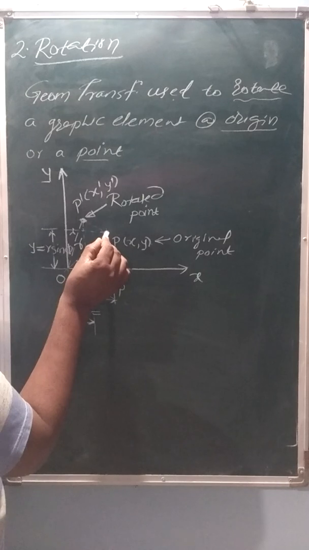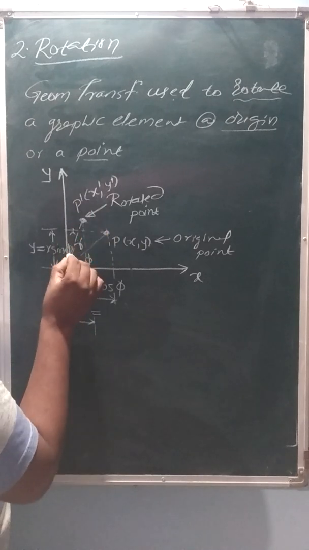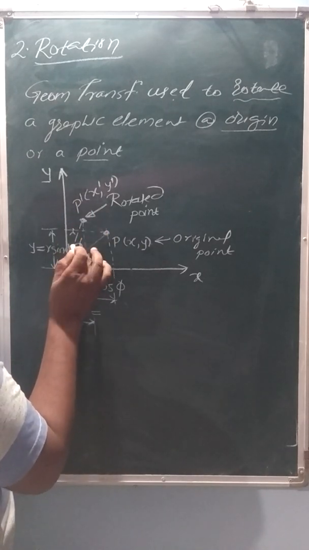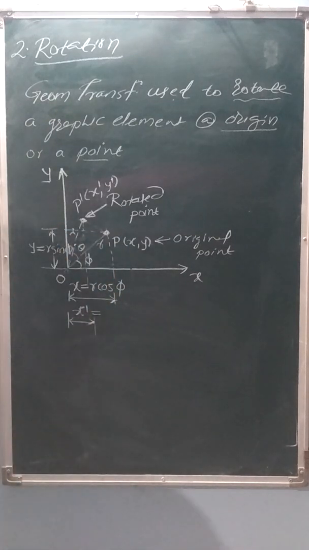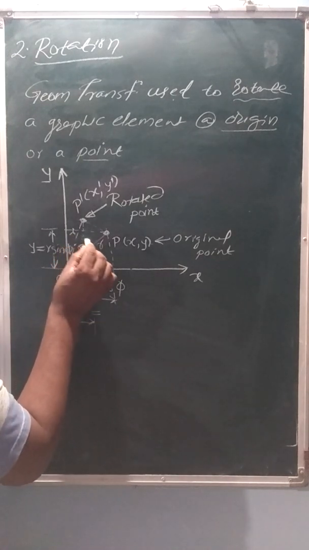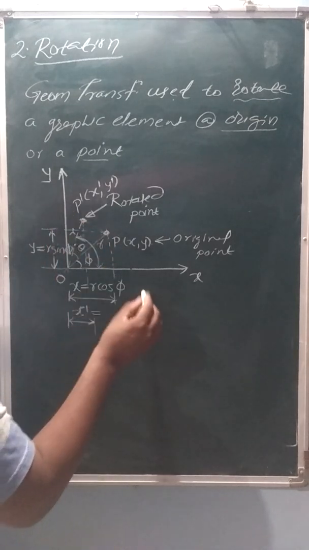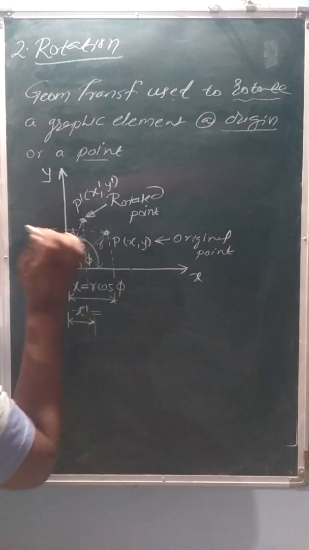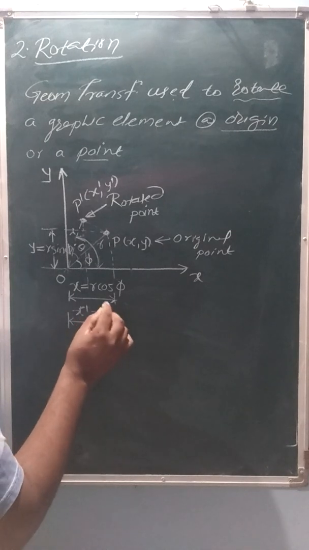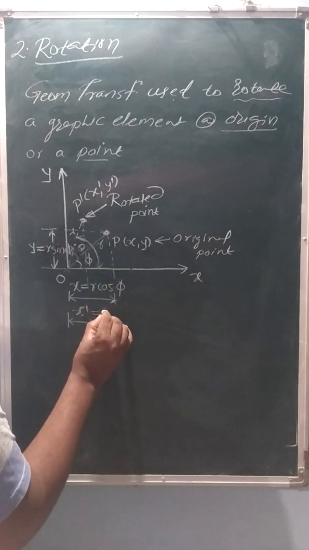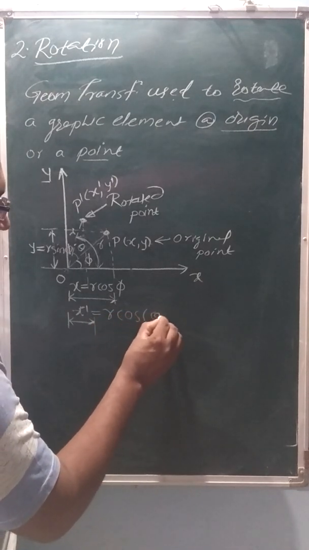See here, we are rotating this particular point from P to P dash by an angle theta. So this particular angle is theta. Here this total angle will be theta plus phi. So the projection of this point P dash on the x-axis is x dash equals r cos of theta plus phi.